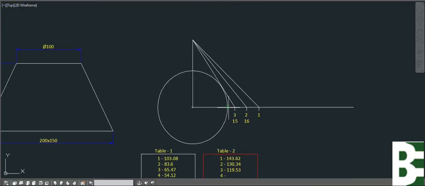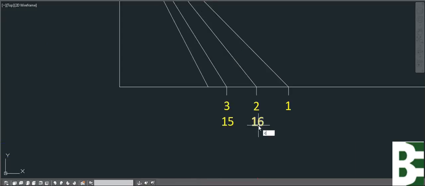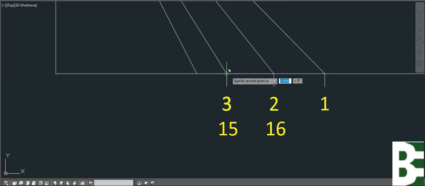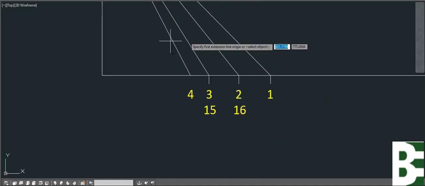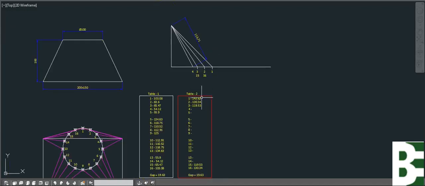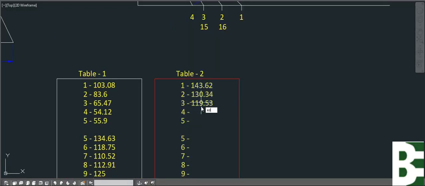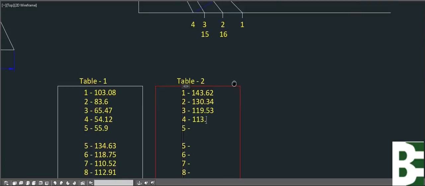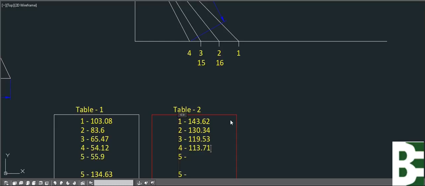Okay, draw a radius. And now this one is number 4, and complete your table. 113 point, here add it, seven one.